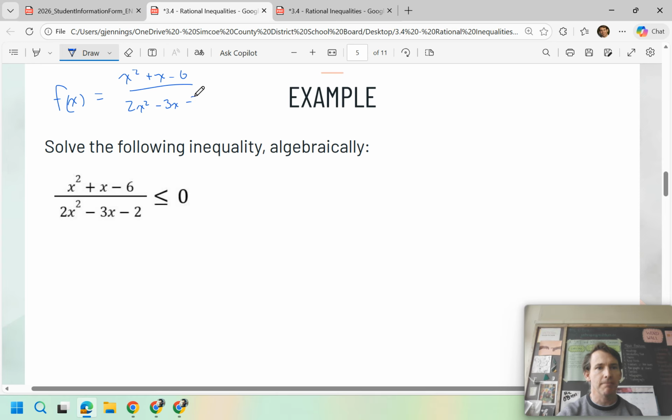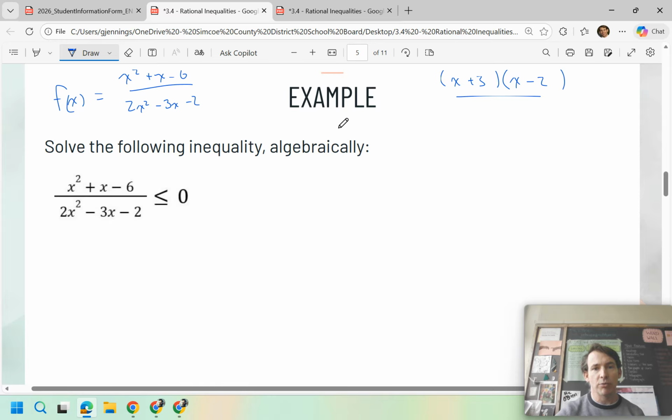Okay, so if I call this f of x and I factor the numerator and denominator, who's got the numerator? (x - 3)(x + 2)... x plus 3, x minus 2. Yeah. There we go.